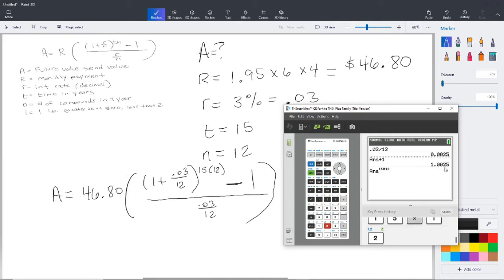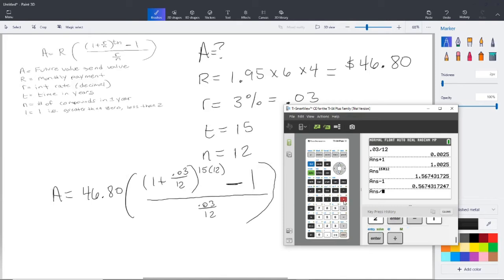And again, answer is always the last number that we see here. And again, I'm going to hit enter, because now I know what this entire parenthesis is with the exponents. Then we say minus 1. Enter. Okay, now we know what the top of our fraction is inside of the big parenthesis.